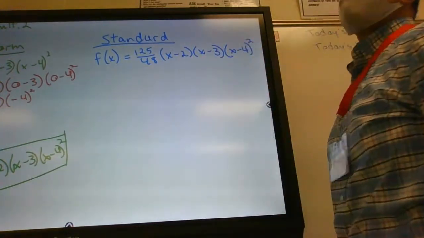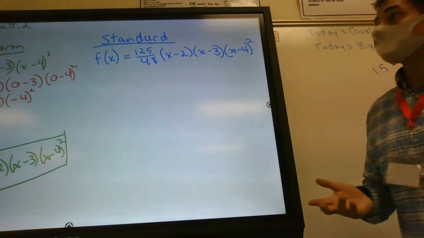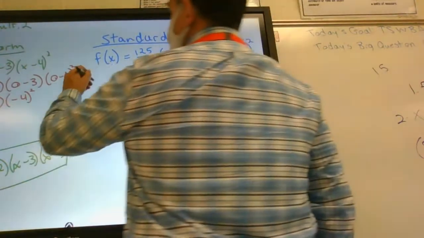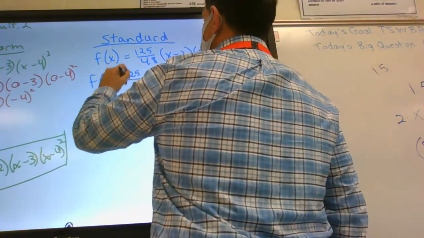Yes, this is a lot that I'm getting ready to show you. Remember, it's a test grade. I'm not going to give you a test grade for sitting and taking a nap. This is the easiest test you'll ever do if you'll stick with it. So, f of x, I'm going to leave the 125 over 48 alone.